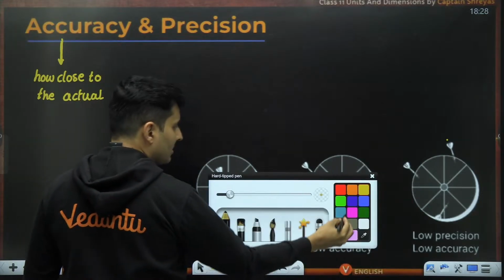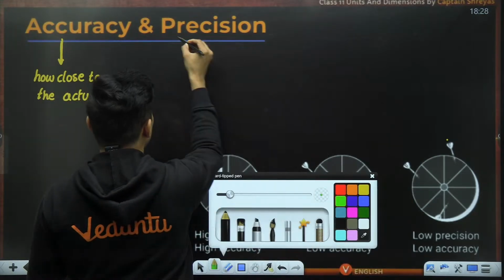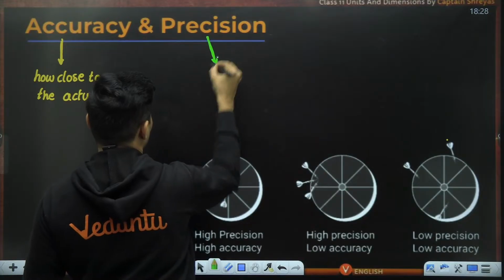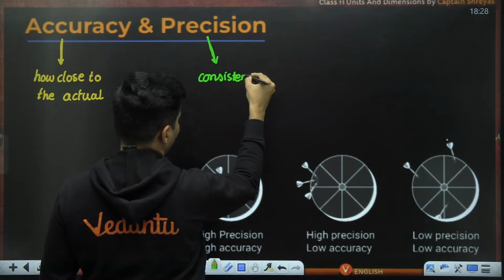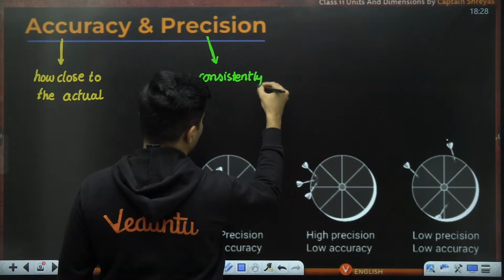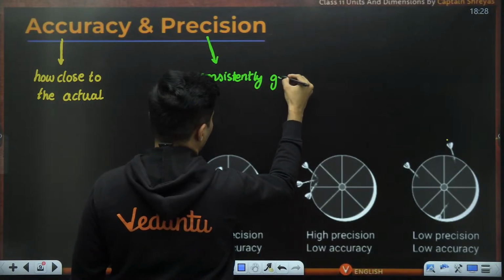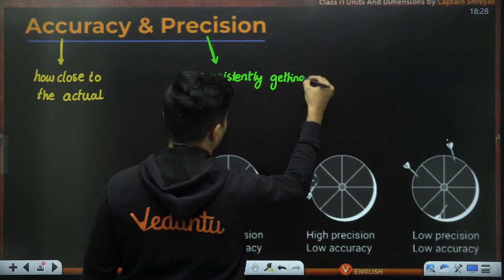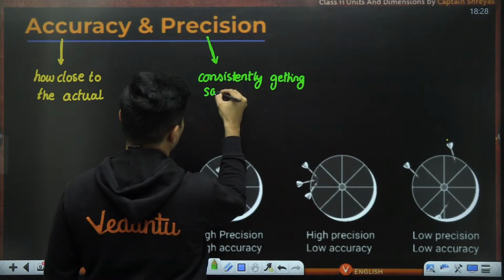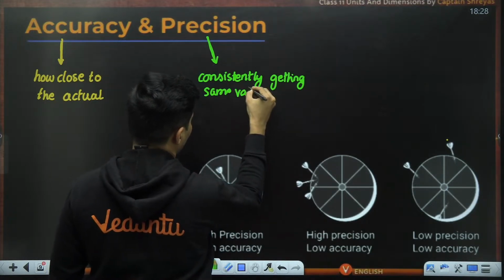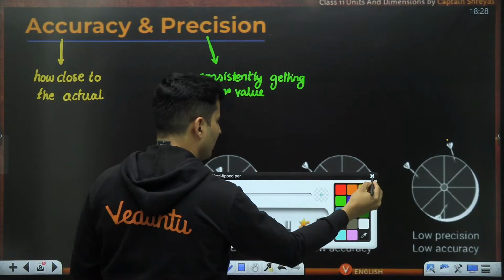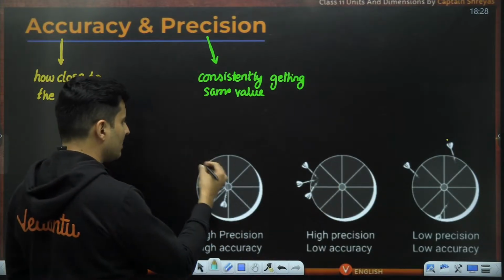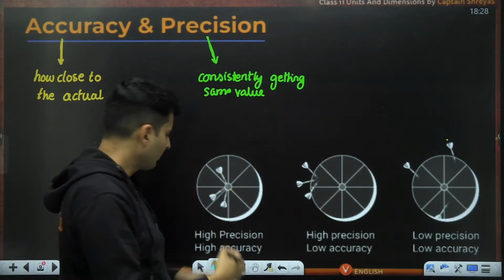And precise means how consistent you are, how consistently you are getting the same value.